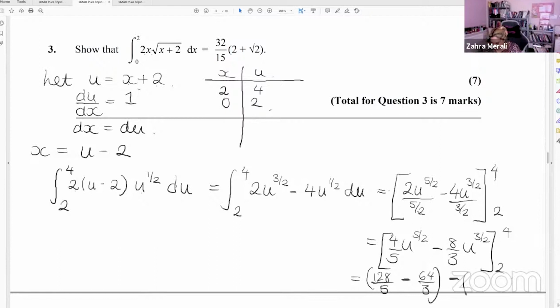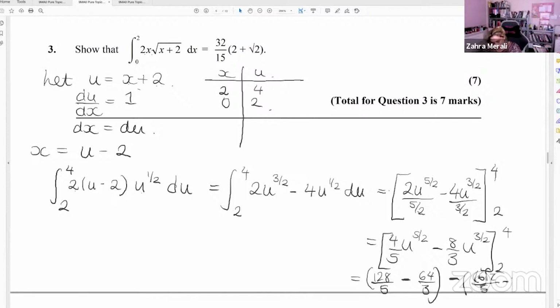So 2 to the power of 5 over 2 is not going to give you something exact, but 2 to the power of 5 gives you 32, and then the square root of 32 is 4 root 2. So that times by 4 over 5 gives you 16 root 2 over 5. Let me write that there. Hopefully you can see that.